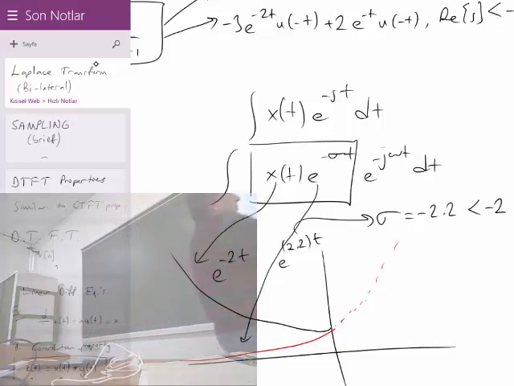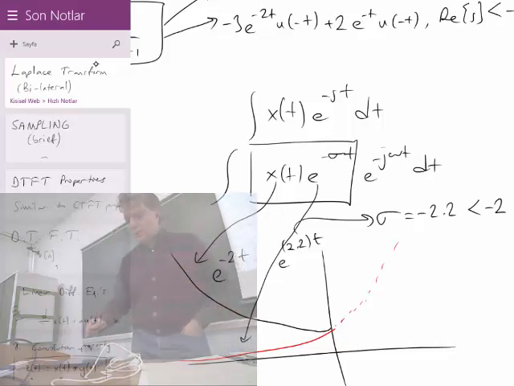This situation could occur at the right hand side as well. So wherever that exponential is unbounded, you're just trying to suppress it. You're suppressing it from the right, you're suppressing it from the left. And then the integral will converge, as long as you can suppress.